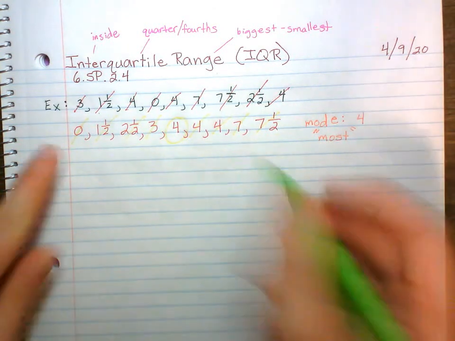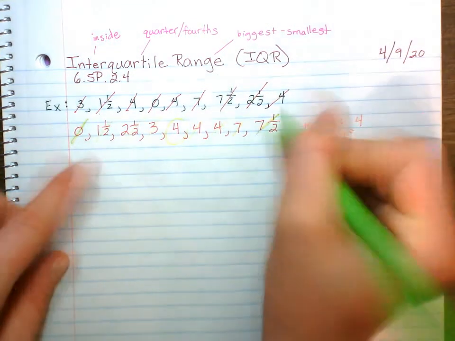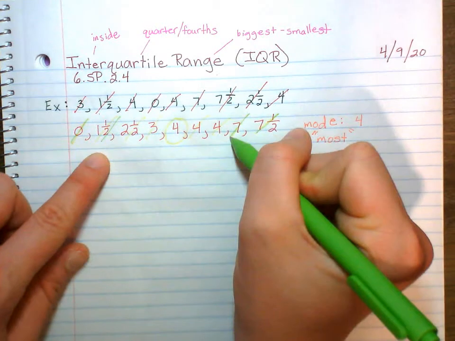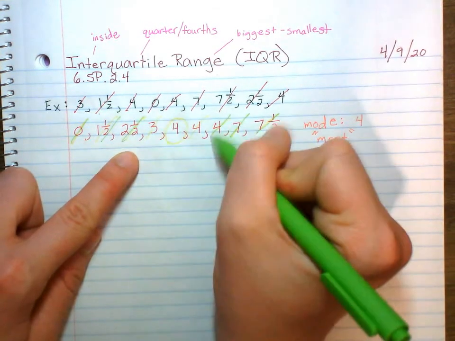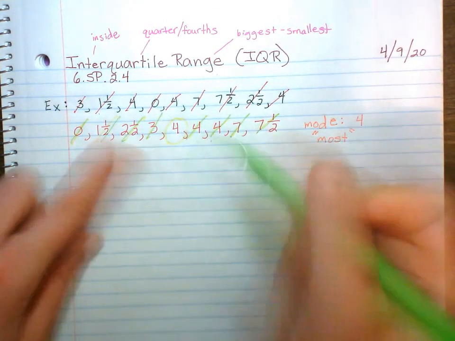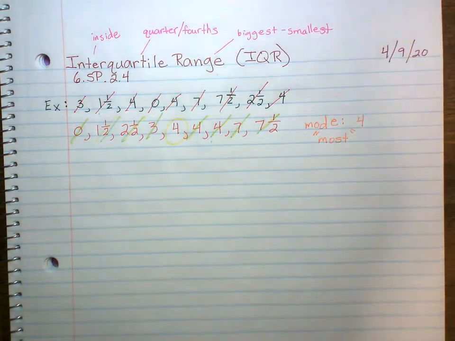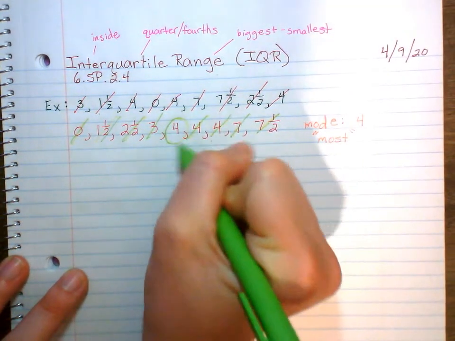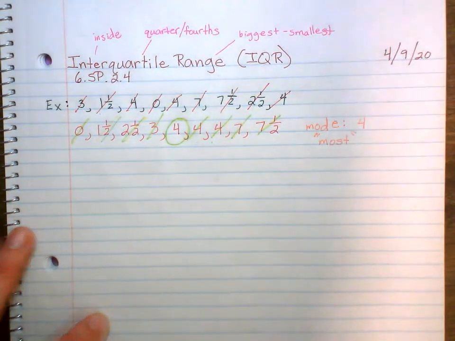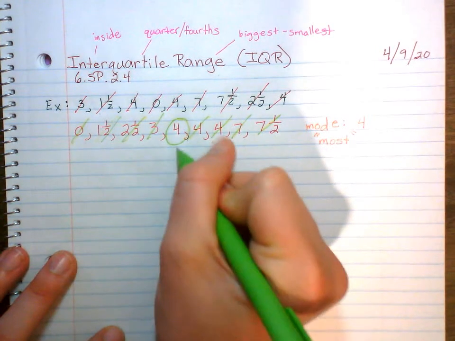We had a clear middle number. I'm crossing it out in a light color so that I can still see the data set because we're not done with them. So I crossed out 4 on each side for different values, and that leaves us with the median of 4. So 4 is our median.